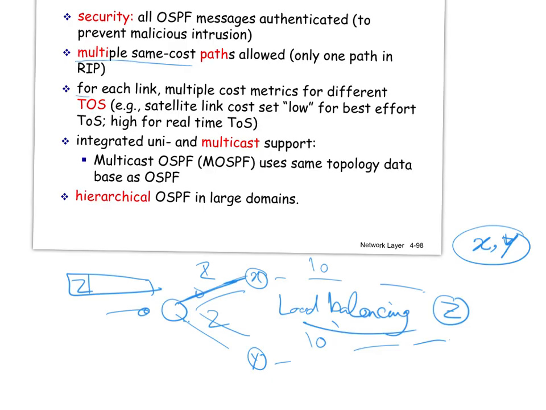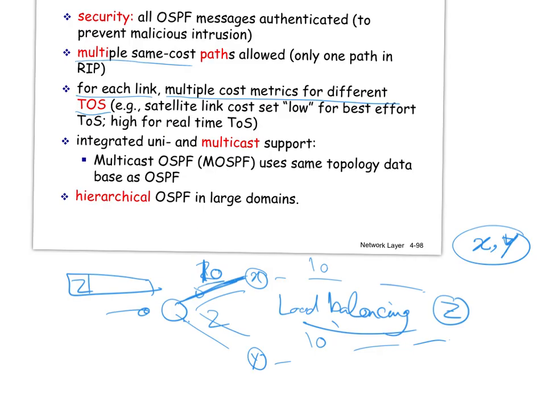Another interesting feature in OSPF is that for each link, there are multiple cost metrics for different types of service. So I can use different metric costs for the same link. If I have a link to X, this link might have a cost of, for example, 10, but this 10 is for a real-time application.